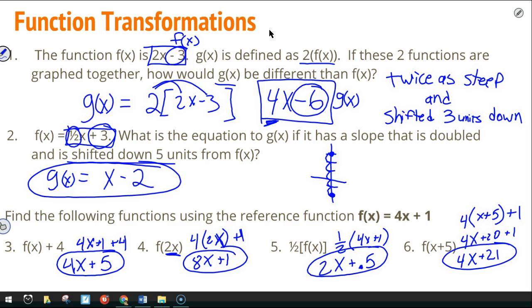Number 6, we are changing the x. Instead of 4x plus 1, we're changing the x to x plus 5. That's going to do some weird things to it. The slope is going to turn to 4x. The y-intercept is going to get this extra term of 20 added in there, which combined with the 1 gives us 4x plus 21.